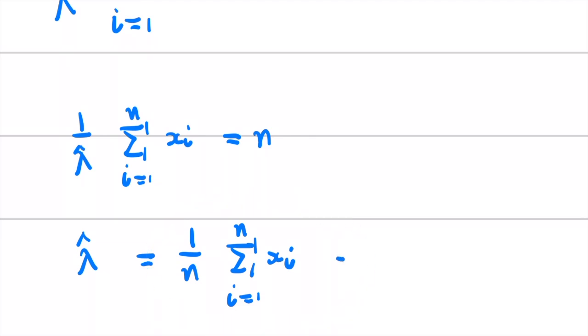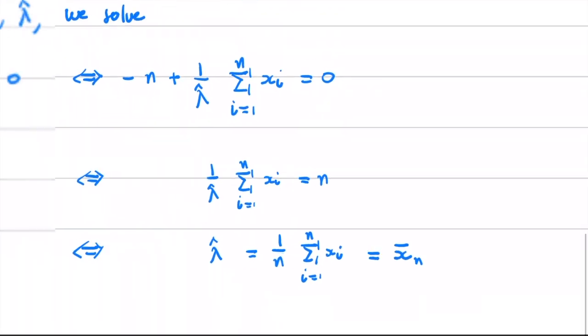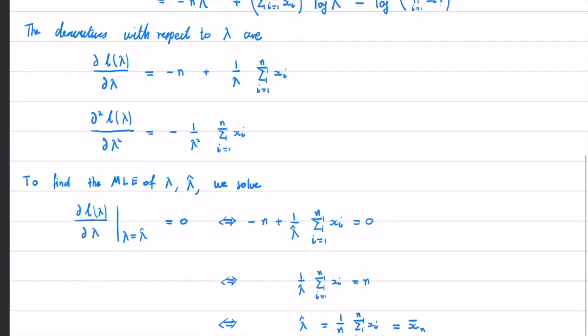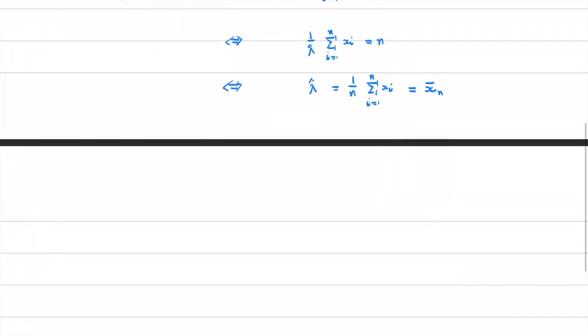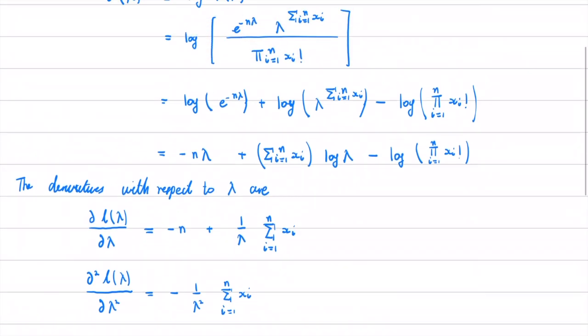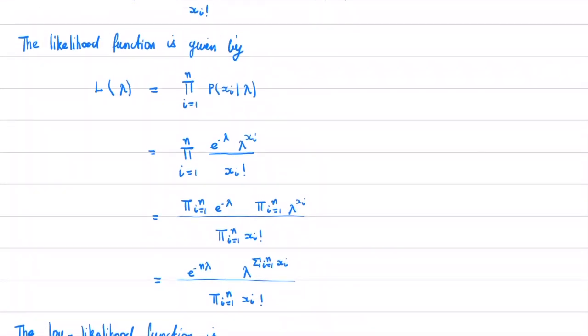It's defined as the sample mean, and I give this expression an x with a bar on top, and with an n as the subscript to denote that there are n samples.